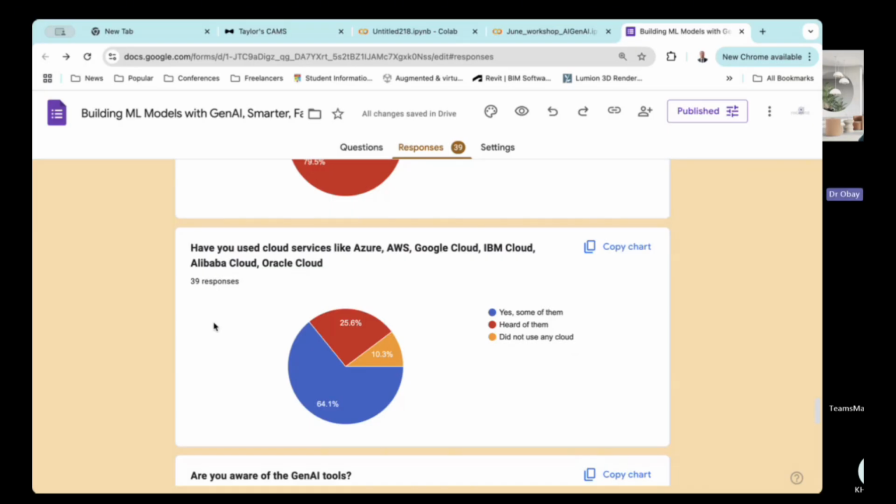Majority of you, yes, some of them. I have no idea to what extent you have used those cloud services. If you are using them for storage, for archiving data, then it's fine. Everyone, I think, nowadays is using the cloud.